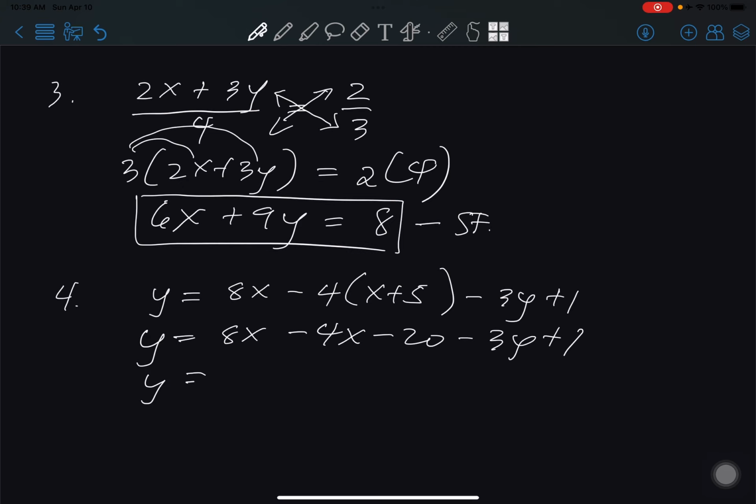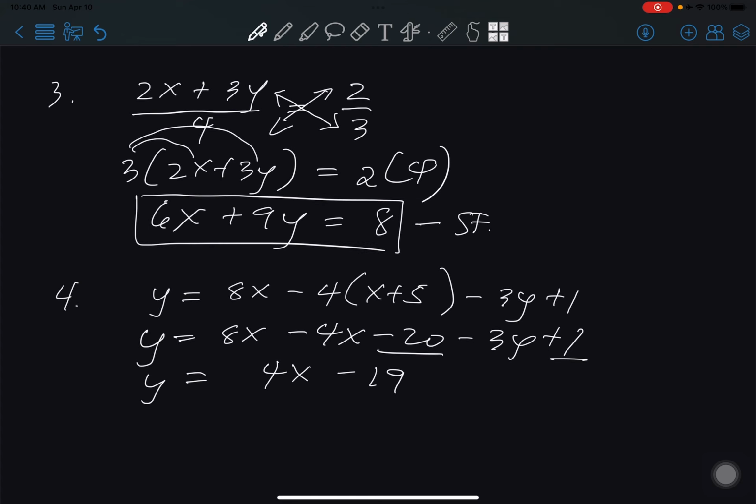We have y is equal to 8x minus 4x. That's equal to 4x, right? 4x. Then we have negative 20 or minus 20 plus 1. That's going to be equal to negative 19.